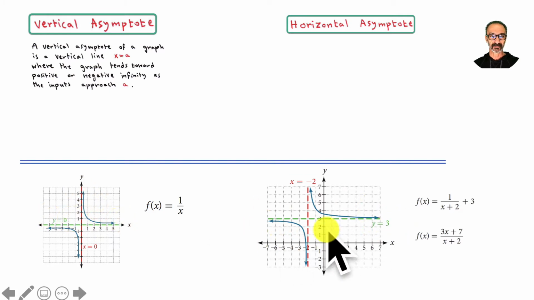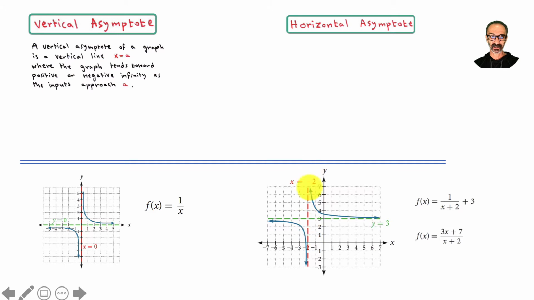In this case, as x approaches negative 2, from right or left, my outputs approach infinity on one side, negative infinity on the other side. So you get closer to it and you just keep going. That's what this one is describing.